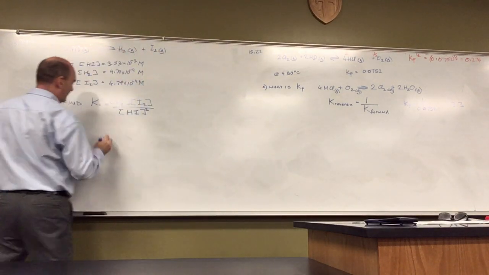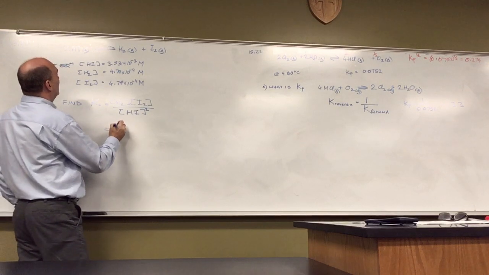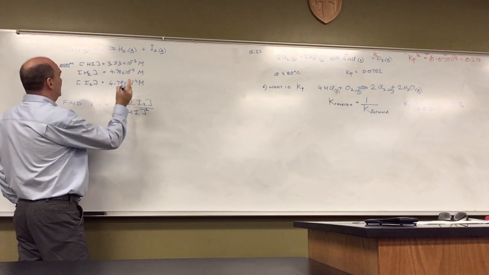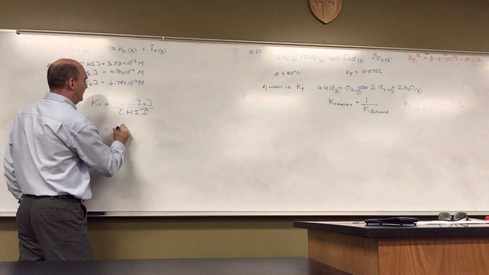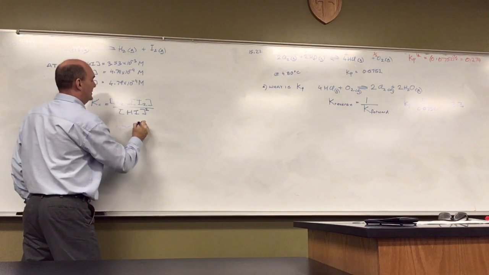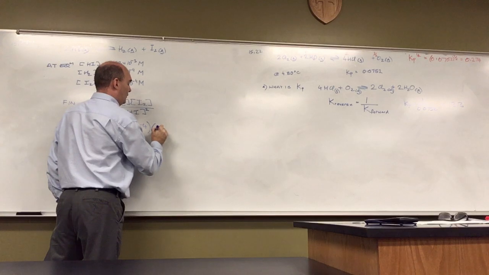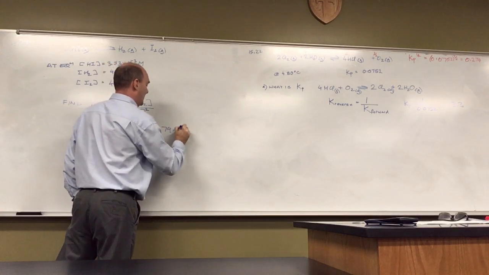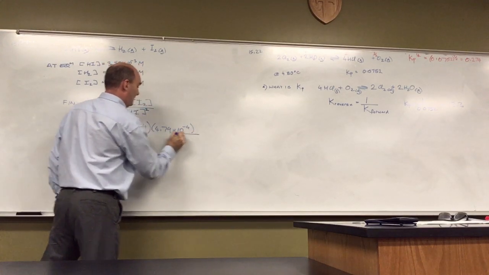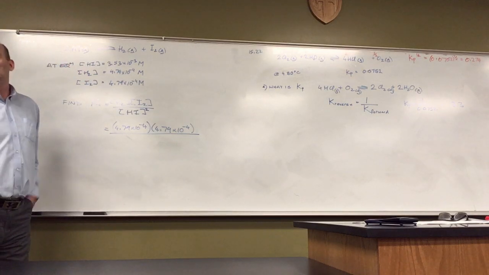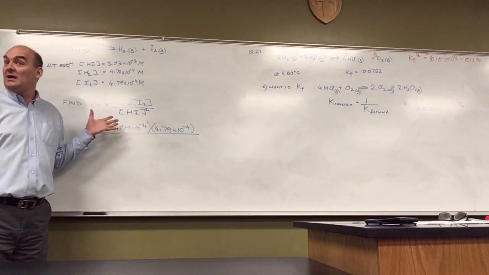Put the numbers in the boxes. 4.79 times 10 to the negative 4 times 4.79 times 10 to the negative 4. If I was feeling nerdy, I might square that.